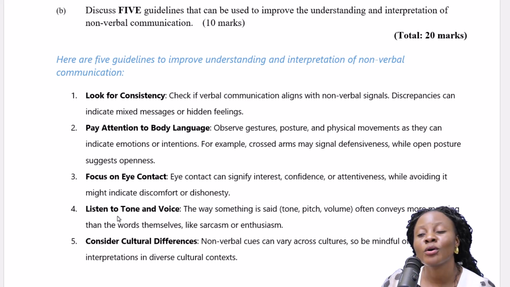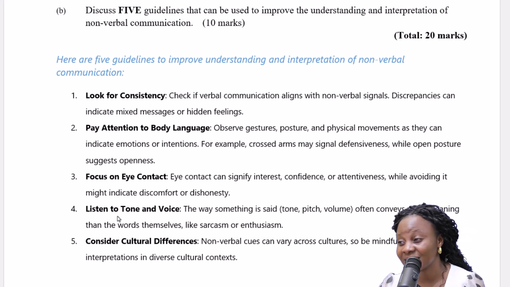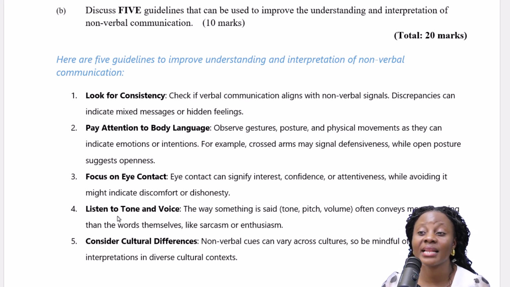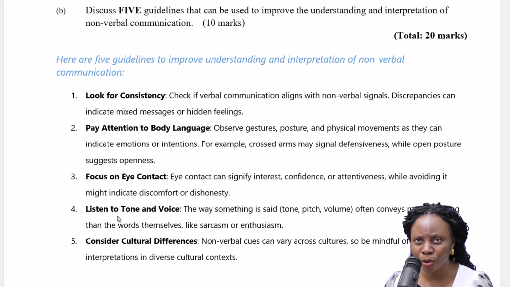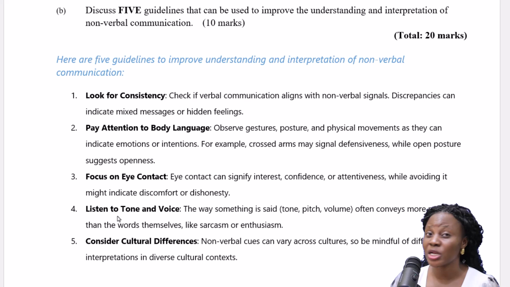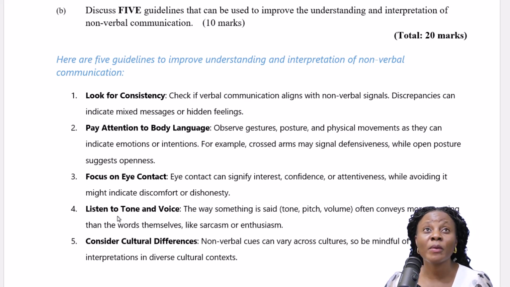One, look for consistency. Check whether verbal communication aligns with nonverbal signals, meaning that discrepancies can indicate mixed messages or hidden feelings. When you talk of nonverbal communication, this is where you use signs, signals, or symbols to communicate something. There are people who communicate verbally but at the same time support it with nonverbal communication.